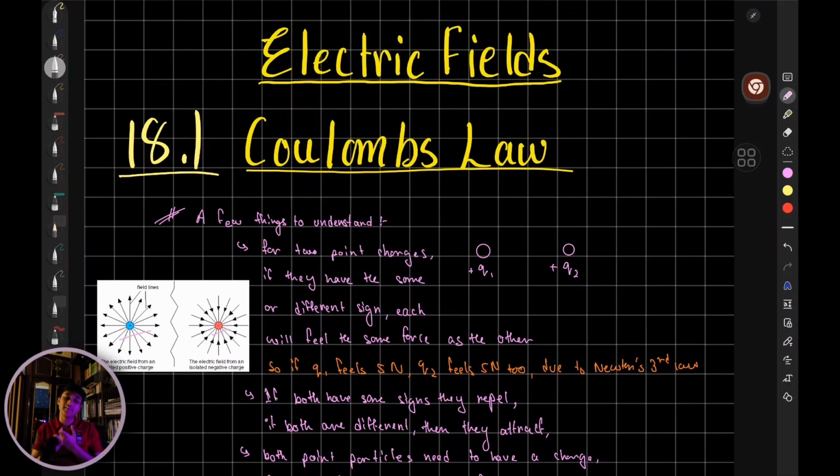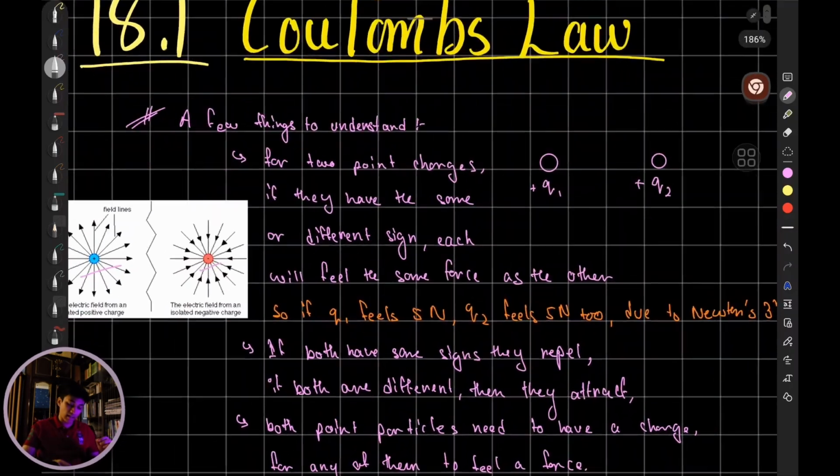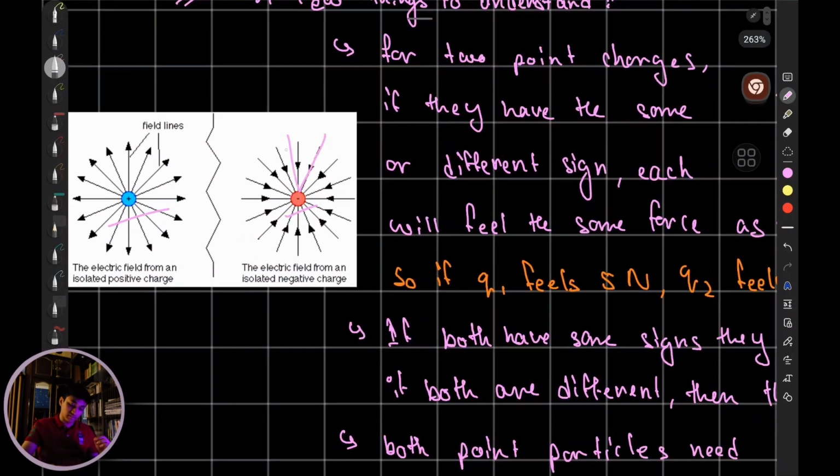And it is the very basic part of electric fields. Why? Because anytime you put a charge, be it isolated or in the presence of another charge, it is going to have an electric field. For negative charges, the fields are towards the charge, and for a positive charge, the fields are outwards. Why? We're going to be talking about that as well.